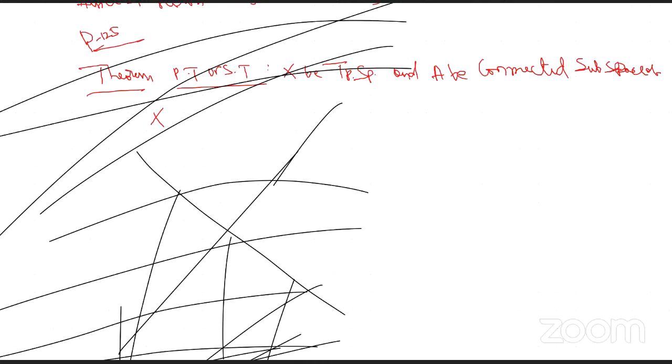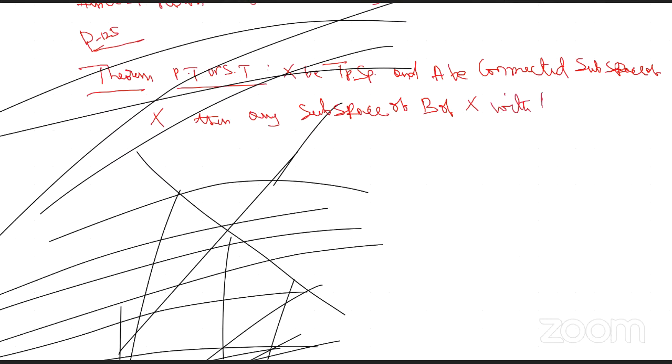Then any subspace B of X with A subset of B subset of the closure of A, A bar, is also connected.